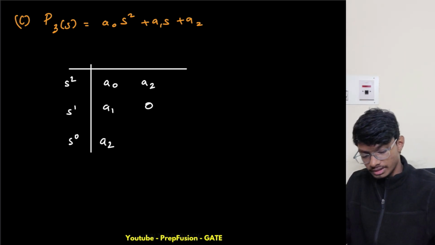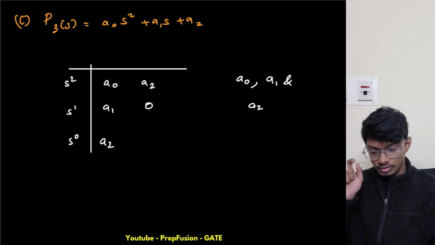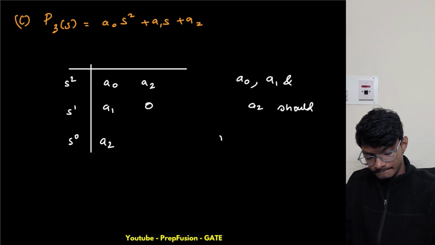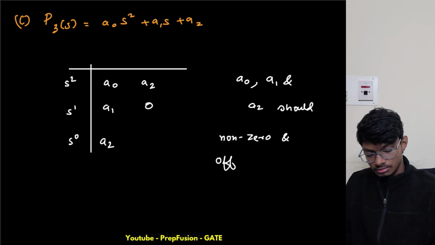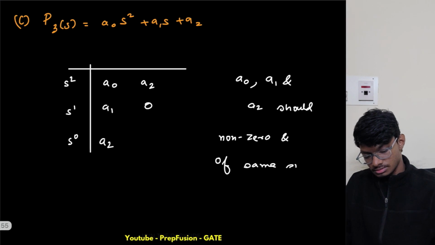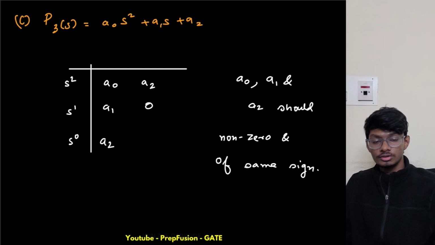So my E naught, E1 and E2 firstly should be non-zero, because that is also another condition. Should be non-zero and of same sign.